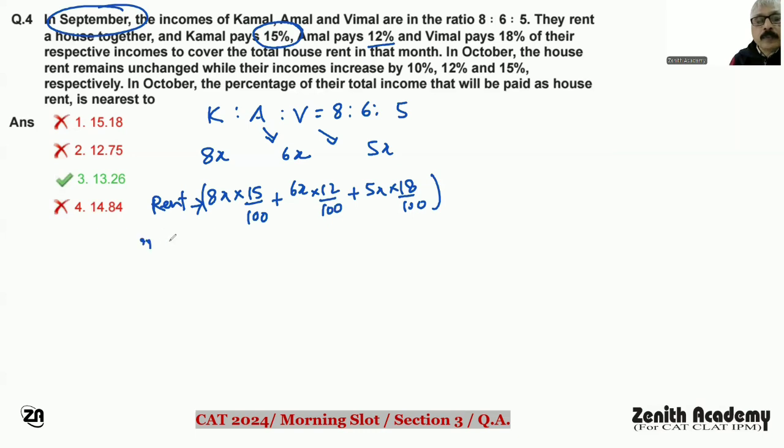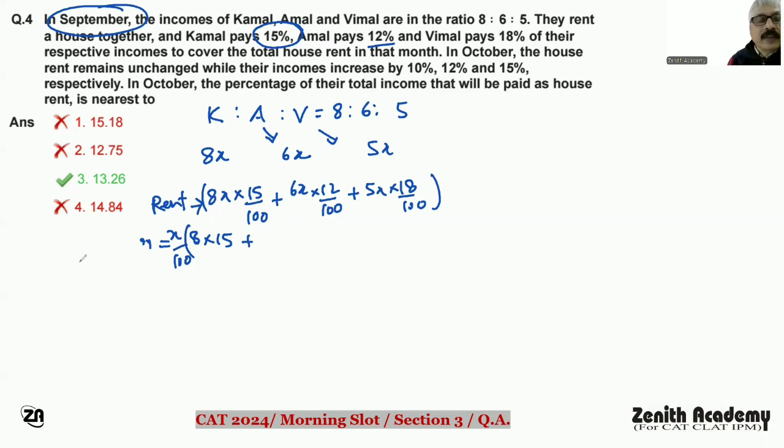So here this is 8 into 15, and x by 100 you can take common, plus 12 into 6.